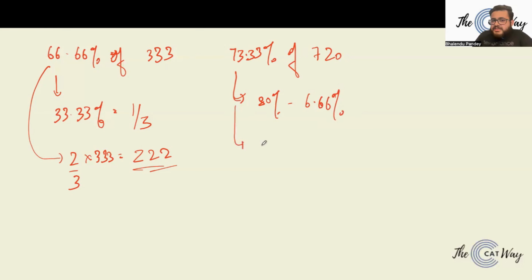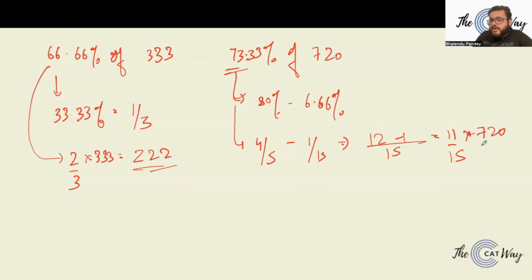Now 80% is nothing but 4 by 5 and 6.66% is nothing but 1 by 15. Correct? So can I say 15 is the LCM? This goes 12 minus 1 is equal to 11 by 15. So 73.33% is nothing but 11 by 15, and of 720 we have to calculate.